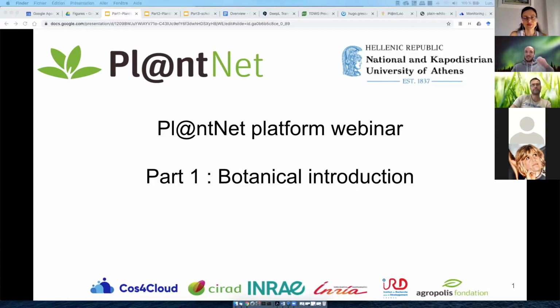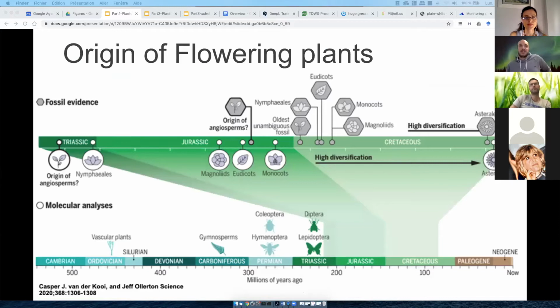Okay, so let's go. We just introduced the fact that flowering plants appeared quite recently on the geological scale. Fossil evidence suggests that flowering plants arose near the beginning of the Cretaceous, around 140 million years ago.